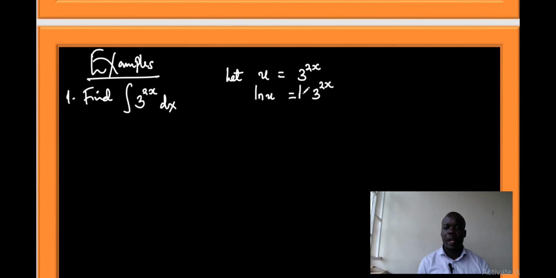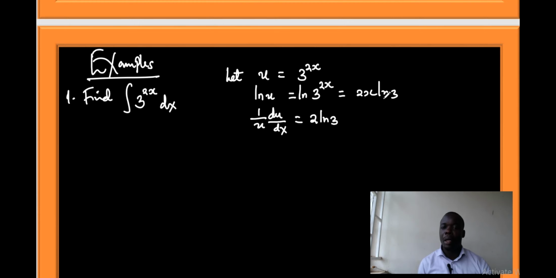Differentiating this, we get 1 over u du dx. Remember, we are differentiating with respect to x, and this was already 2x ln 3, which we are now supposed to differentiate.